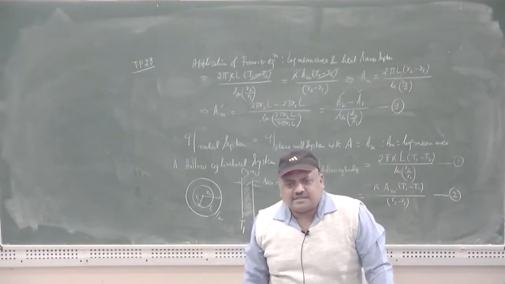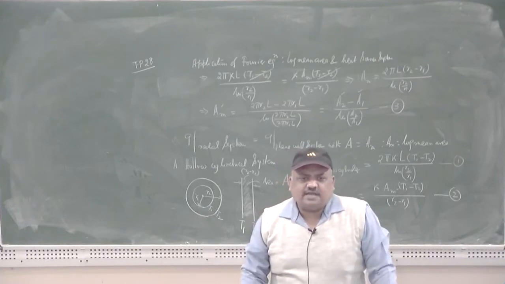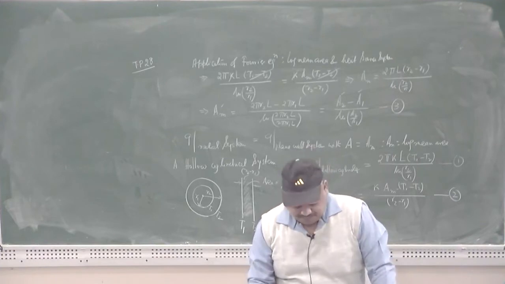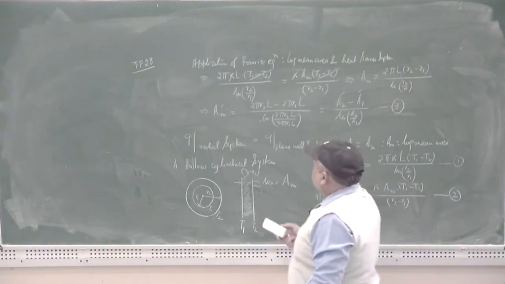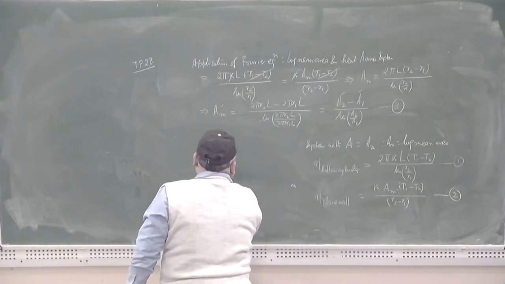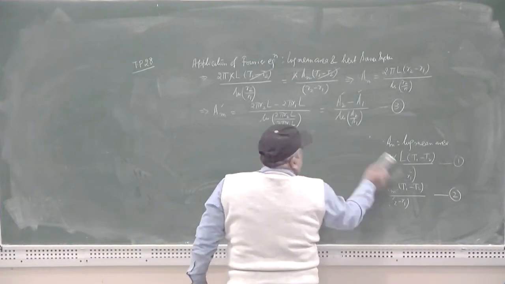Now, extending this concept to a hollow spherical system, let us see whether there is a particular relationship between A1, AM and A2. So, considering another system, that is a hollow spherical system, the plan view will be same in this case also.